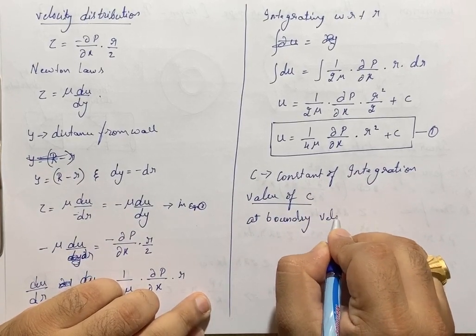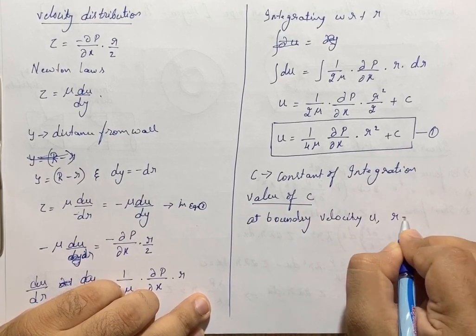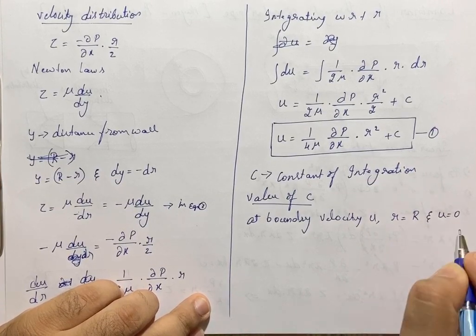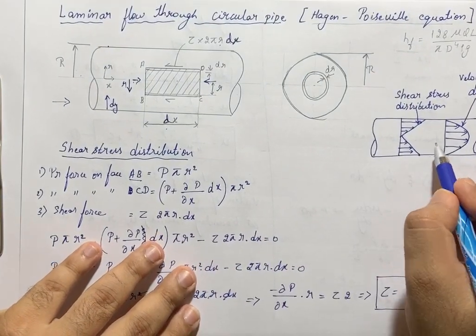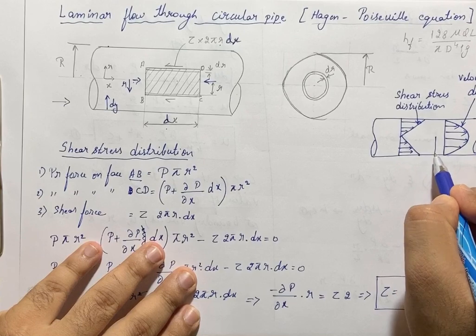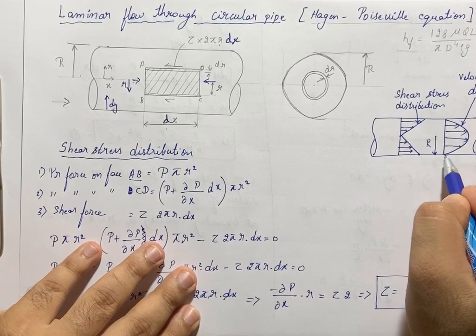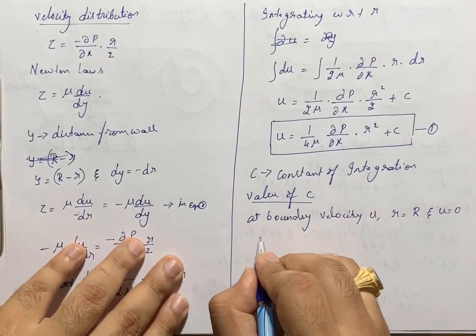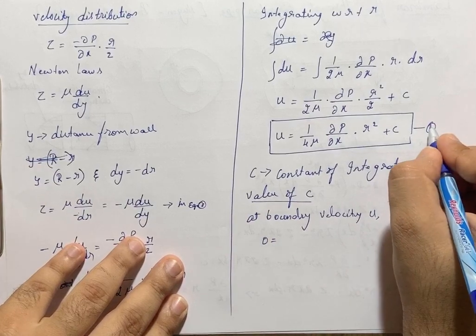This is the total length, capital R. When the small r equals capital R, u becomes 0 here, right? So I will substitute these values, that is u equals 0, in equation 2, call this equation number 2.